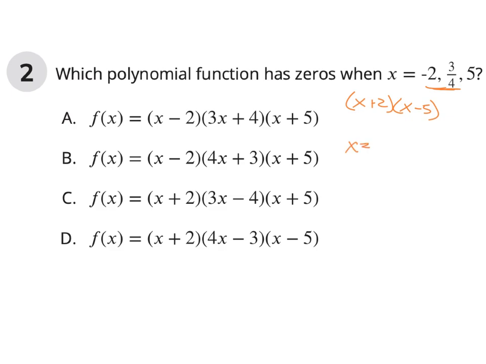So if x is equal to 3/4, to get rid of denominators, multiply both sides by 4, giving us 4x is equal to 3. And we know this has to be 0, so if I subtract 3 from both sides, I get 4x minus 3, and that's equal to 0. So which one has x plus 2, x minus 5, and 4x minus 3? That's D.